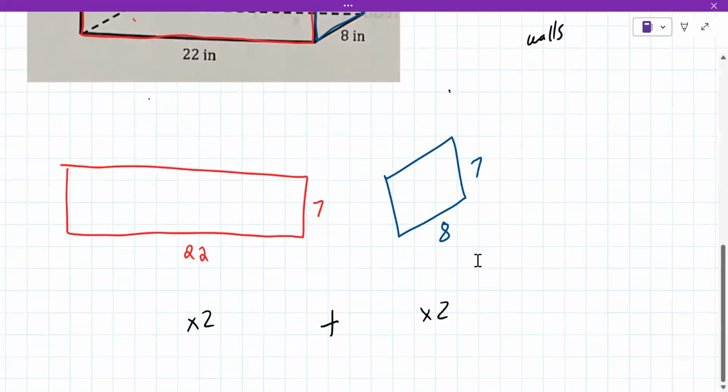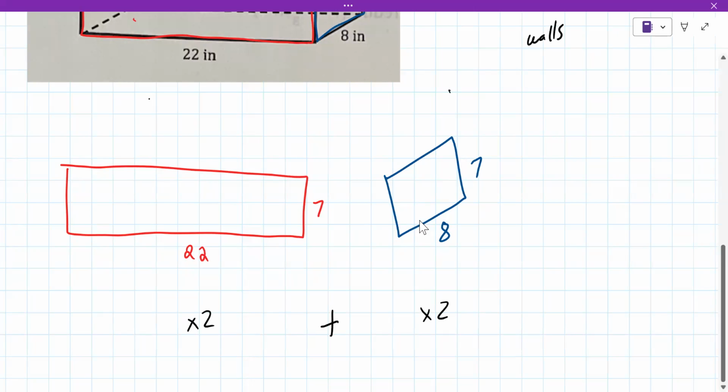So I want you to find the area of each one. Give me the area of the red one first. So what you need to do is 7 times 8. What is 7 times 8?